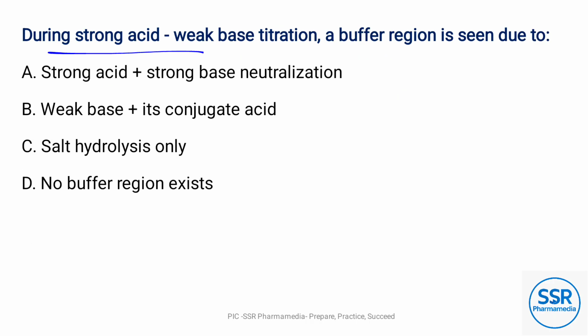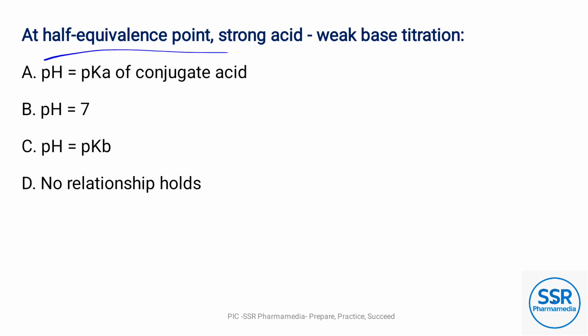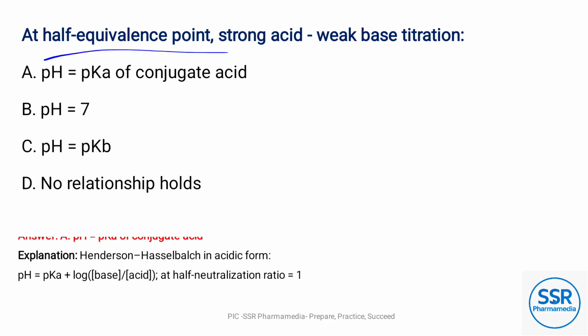During a strong acid versus weak base titration, a buffer region is seen due to option B, weak base plus its conjugate acid. At the half equivalence point in a strong acid versus weak base titration, option A, pH is equal to pKa of the conjugate acid.